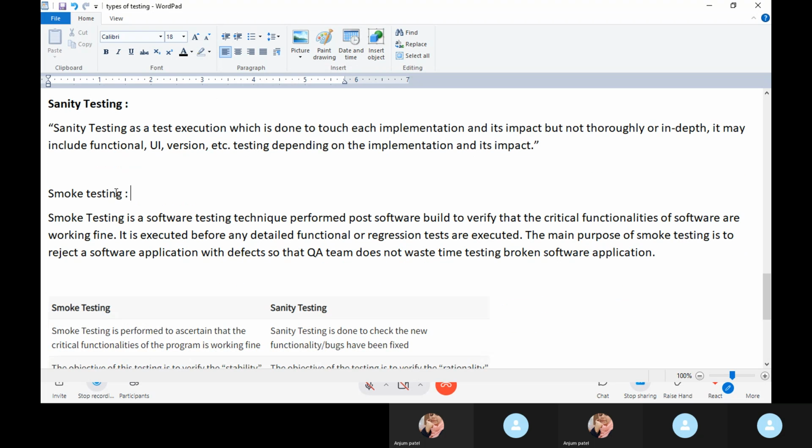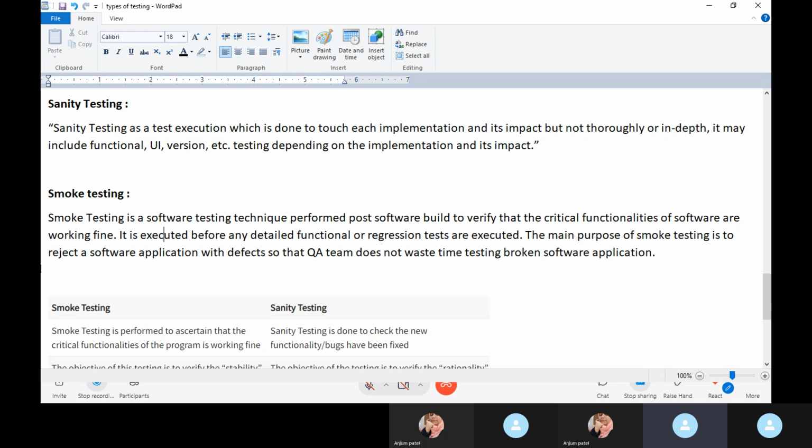Smoke testing is a software testing technique performed after a software build to verify whether the critical functionality of the software is working or not. Sanity testing is done on a very high level, and smoke testing is done to check whether any critical functionality of the application is working fine or not.